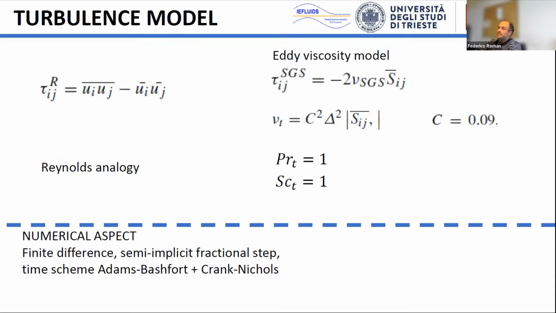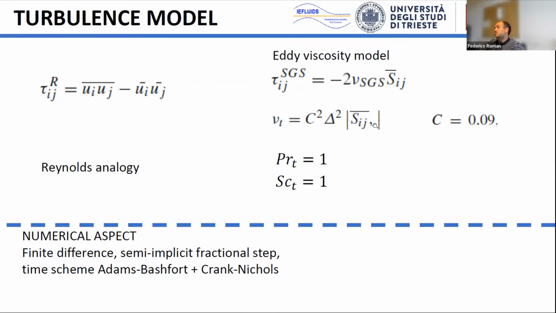So on average, we are considering that there is no increase of turbulent kinetic energy, and we are assuming that there is an equilibrium between production and destruction terms. And here we introduce an eddy viscosity term that can be seen as the product between a length scale and a velocity scale, here expressed in terms of the strain rate tensor.